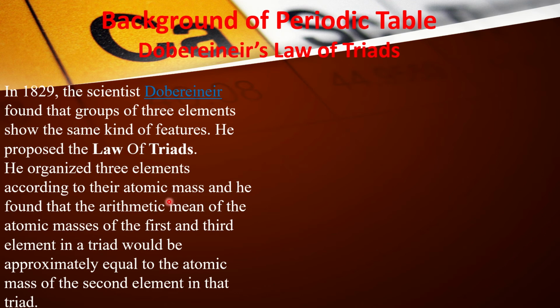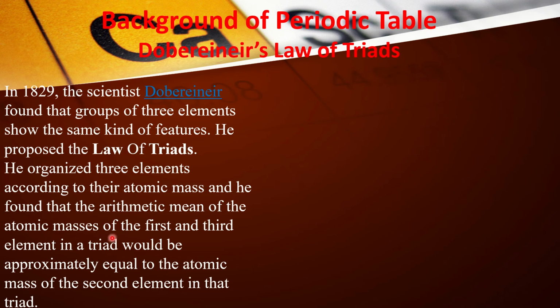Dear students, look, according to their atomic mass, because at that time atomic number was not invented. And he found that the arithmetic mean of the atomic masses of the first and third element in a triad would be approximately equal to the atomic mass of the second element in that triad.